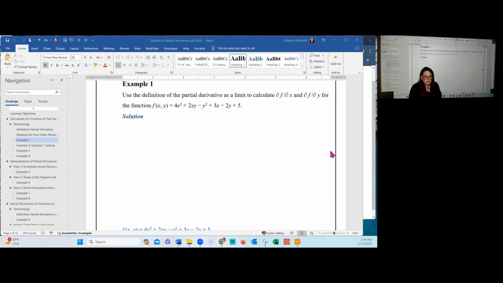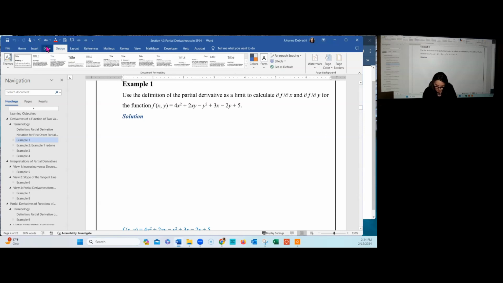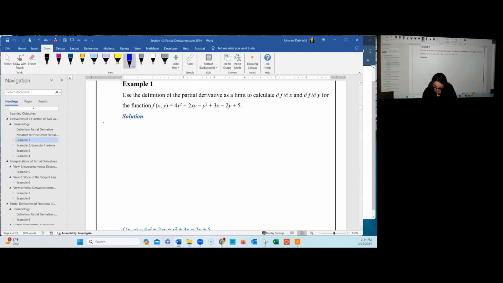Let's go ahead and start writing down what this would represent. If I want to do the partial of the function with respect to x, which I could also write as f subscript x, then what I'm doing is I'm going to take the limit as h goes to 0 of f of x plus h comma y.